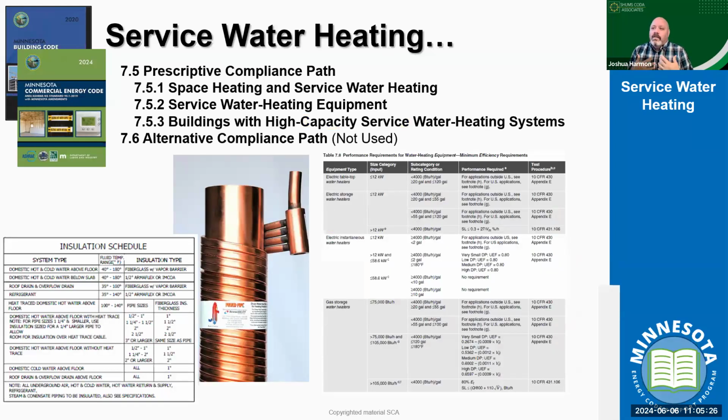Again, remember, there's a difference between expecting the minimum and then evaluating what is on a particular design, right? And I use this example a lot in the concept of the thermal envelope, but it applies in every element as well, right? Just because the code says the minimum R value is 13, if the plan as it gets approved is for an R30, guess what should be in that wall?